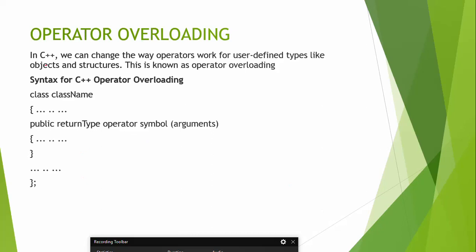The syntax starts with the class name, and within the class we define the operator overloading function. It starts with the public keyword, then a return type, the operator keyword, the symbol such as plus, minus, asterisk or divide, and the set of arguments.